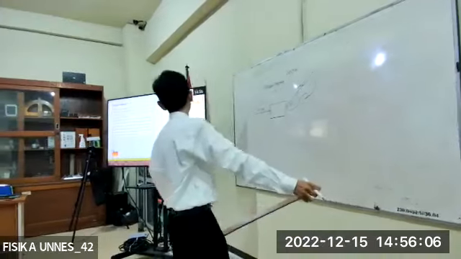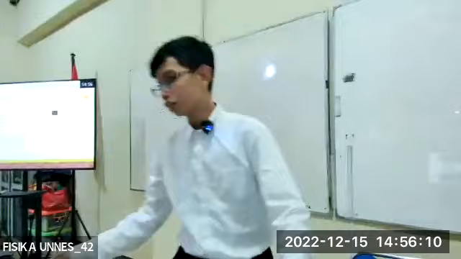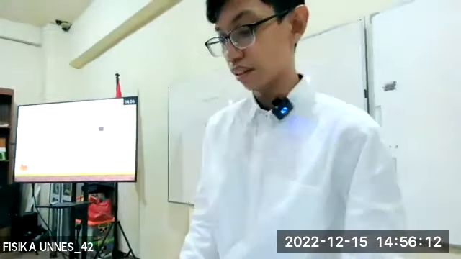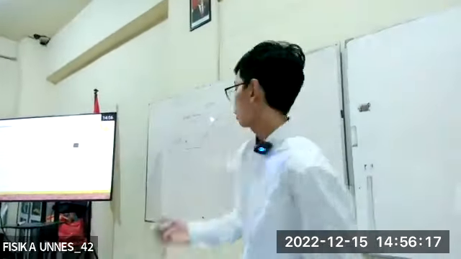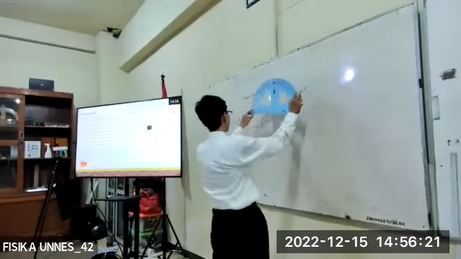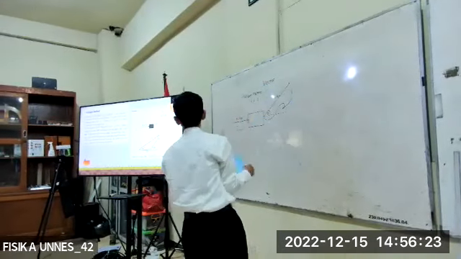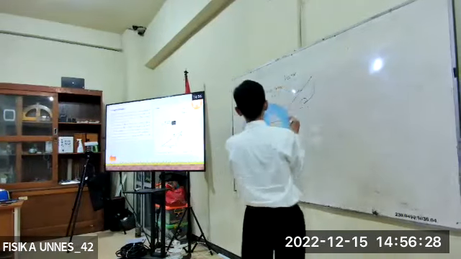And the next information that we need to find is the angle between the second vector F2 and also the x coordinate. To know the angle, we use this protractor.